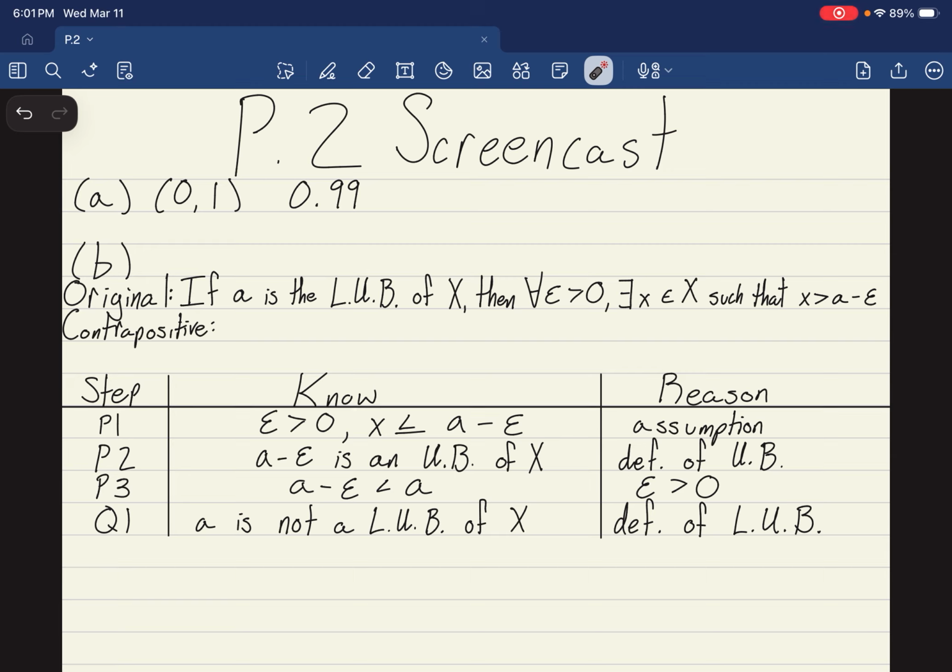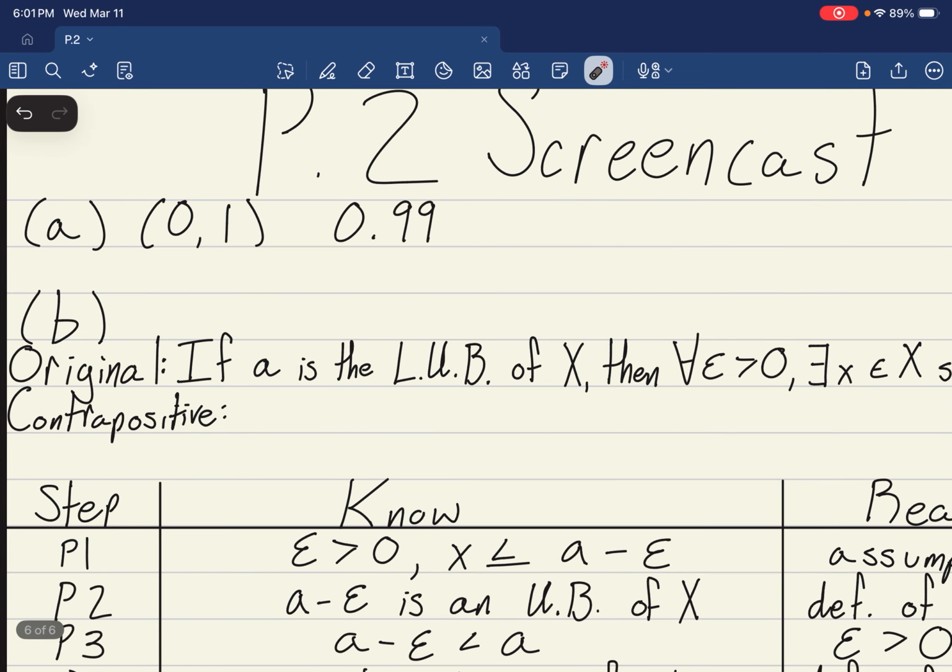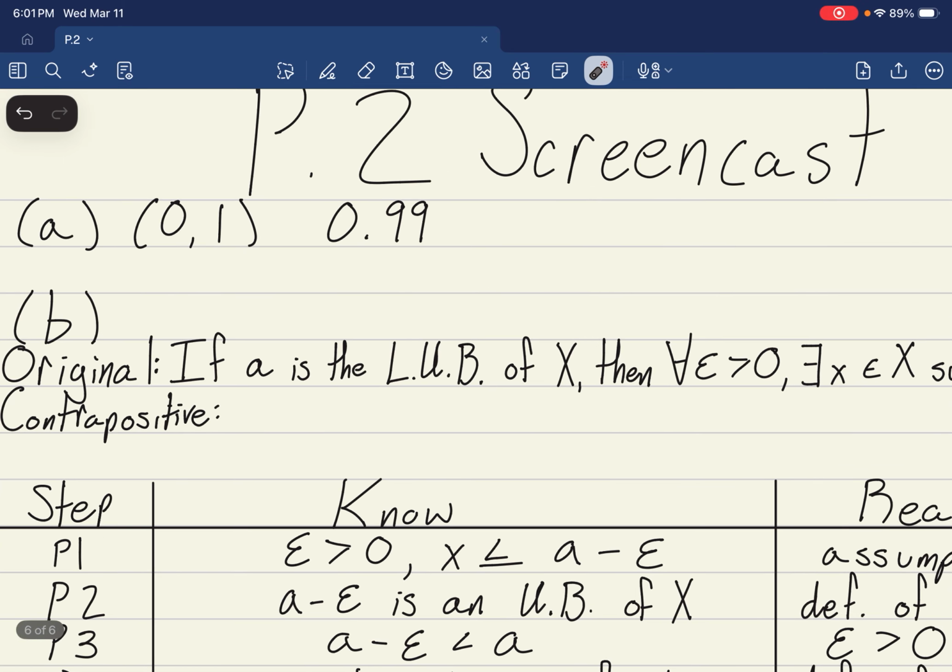And for the next part, it says explain why 0.99 is not a least upper bound on the interval 0 to 1. And this is because to be an upper bound, a real number a has the property that x is less than or equal to a for every x within the set.